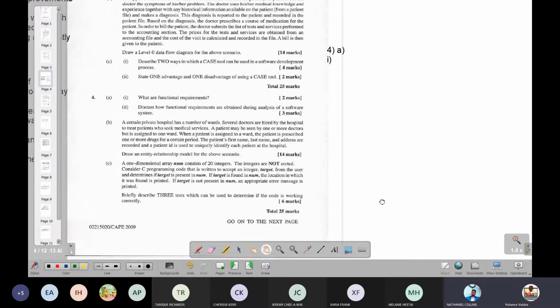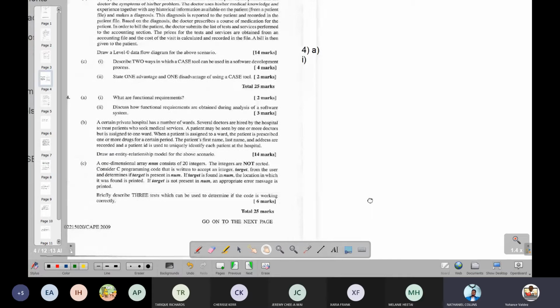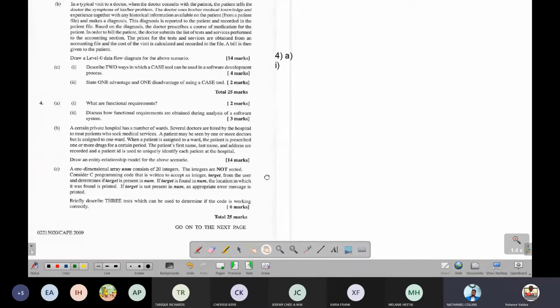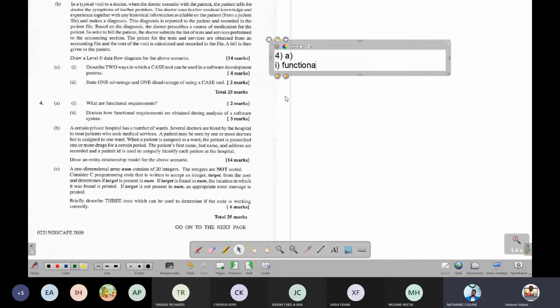Functions or features that are required for the user. Right. Yes. Okay, so functional requirements are the features.